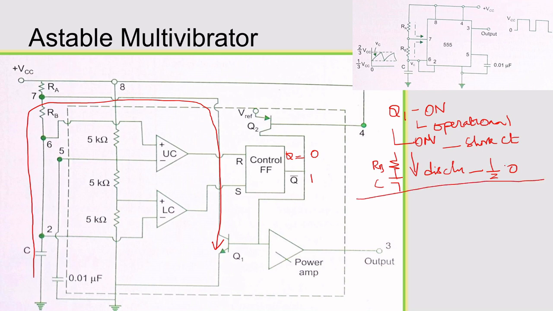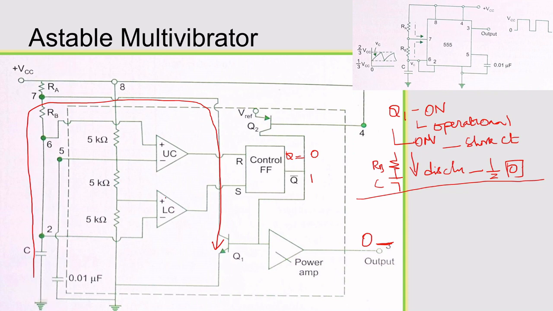Now what is the current output voltage? 0. That is your output here. Now I am giving a supply, so the capacitor keeps on charging.